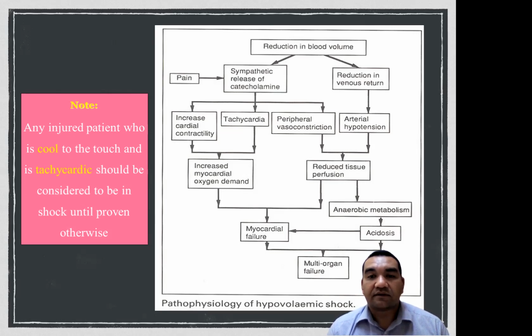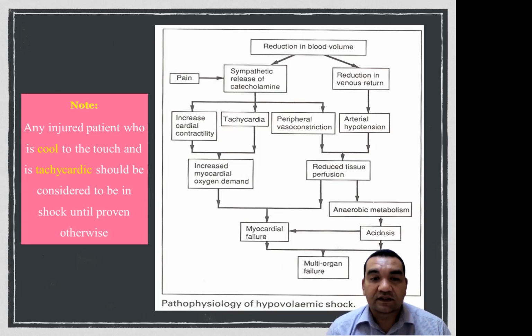The sympathetic effect will increase cardiac contractility, and cause tachycardia and peripheral vasoconstriction. In the end, it will cause anaerobic metabolism, which will cause acidosis. This condition will cause myocardial failure, and lastly, multi-organ failure.